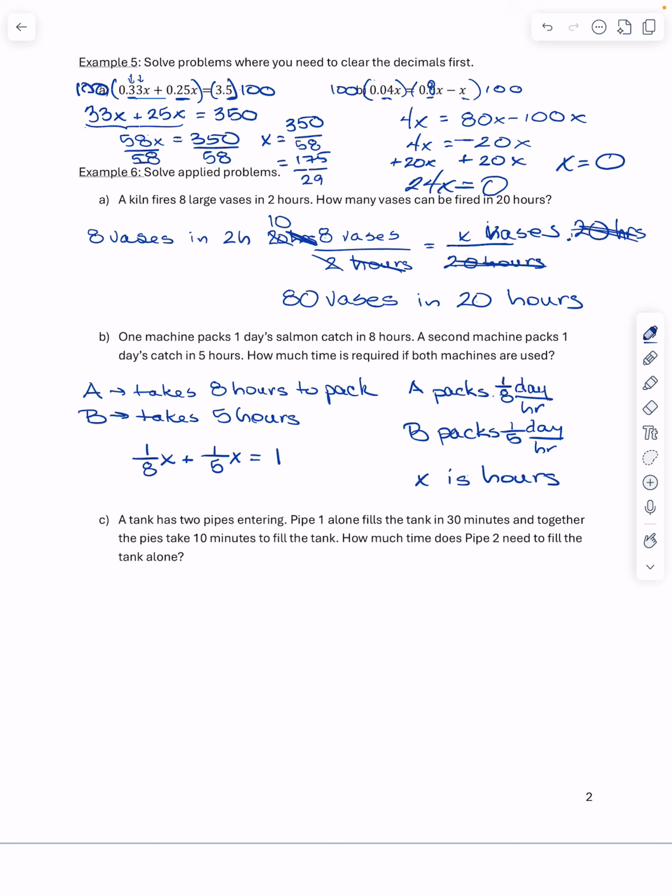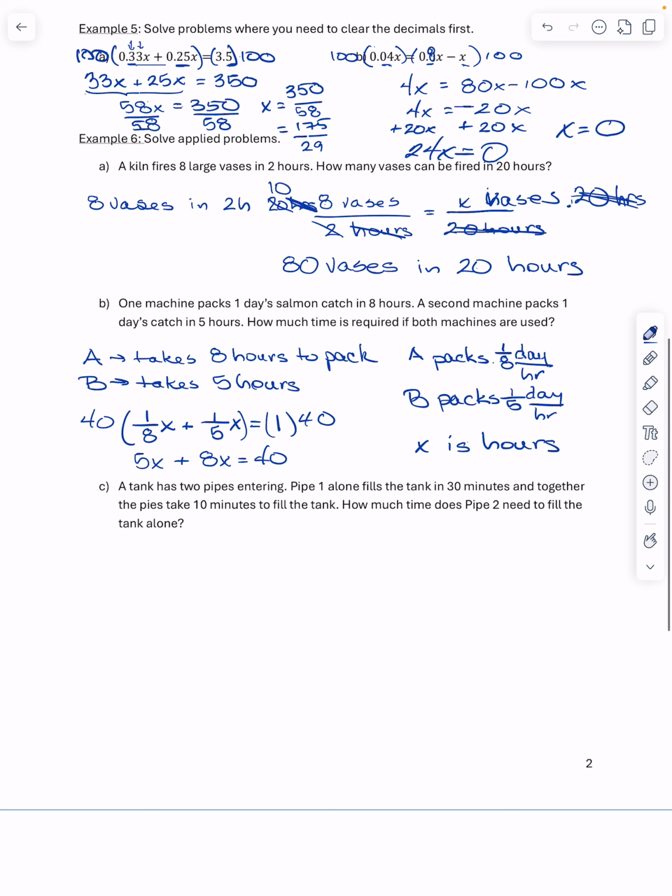Machine B is my 1/5 X, 1/5 of the total catch times however many hours, and equals 1, our total catch. We are multiplying everything by 40 to clear those denominators. 40 over 8, and I'm running out of room, so I'm going to talk through that step. 40 over 8 is 5, I get 5x. 40 over 5 is 8, I get 8x. Equals 40.